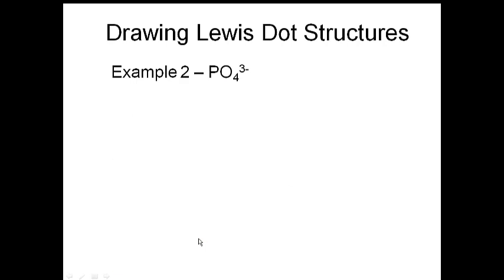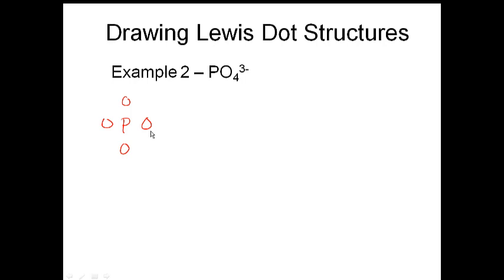Now, we could do the same thing for the phosphate ion, the PO4 3- ion. If you want to take a minute, stop the tape and go ahead and draw out, in this case, the phosphorus is going to be attached to 4 oxygens. So how many different resonance structures can you draw?